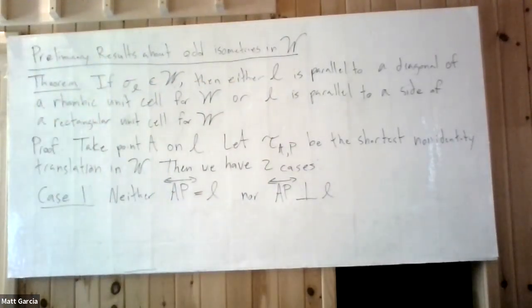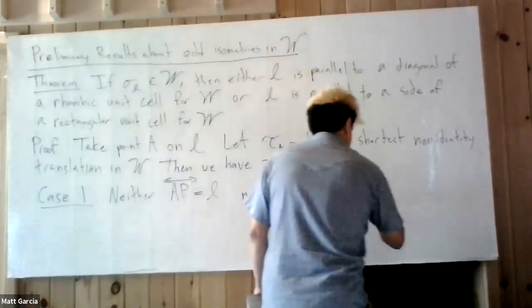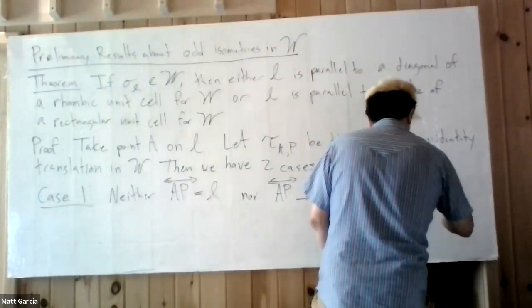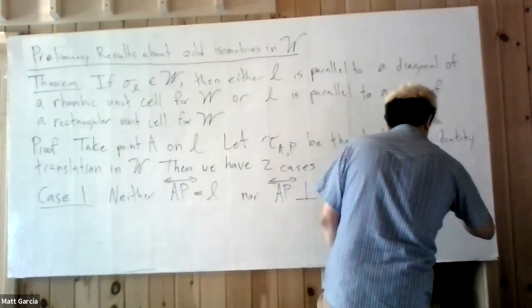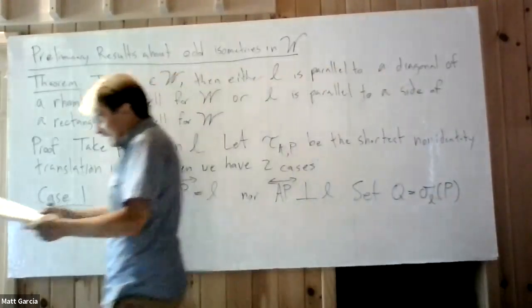Right? Then let's set Q equal to the image of P under the reflection in L.